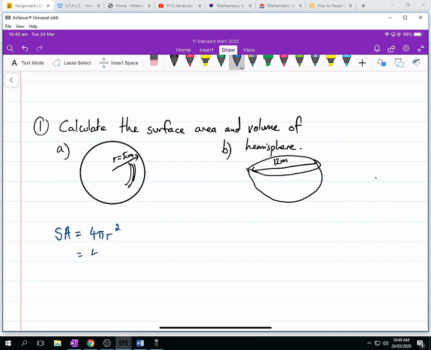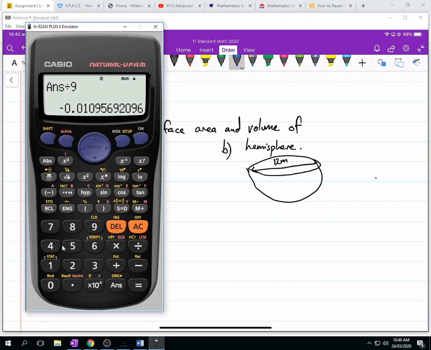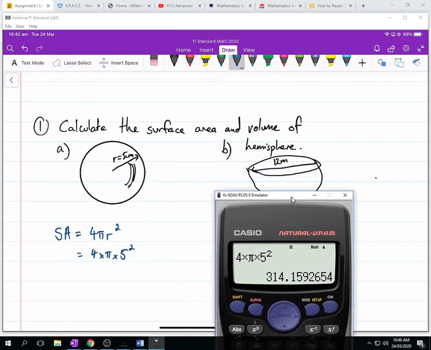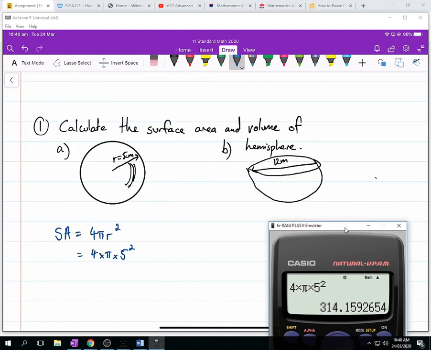In the first one, it's 4 times pi times 5 squared. Using our calculator, that is 314.16 to 2 decimal places, and that would be square units because it's an area, square centimeters.